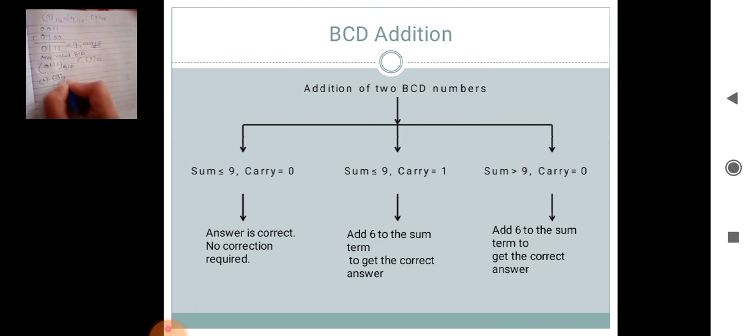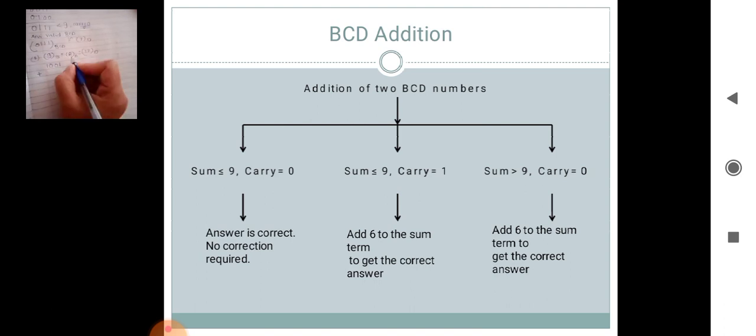9 plus 8. So in decimal, the answer should be 17. So we'll see if it is coming with BCD addition or not. We'll check this. So first convert 9 into 4-bit binary.